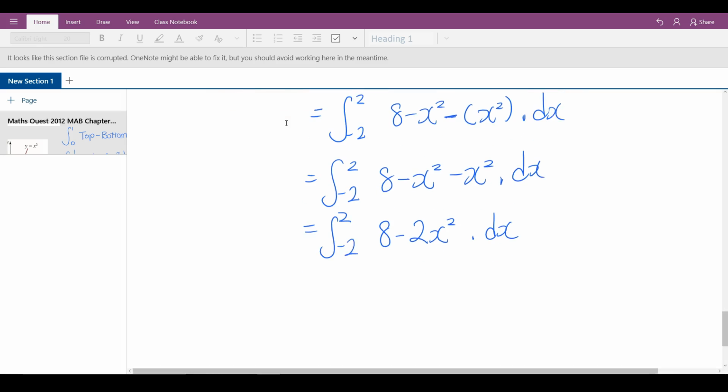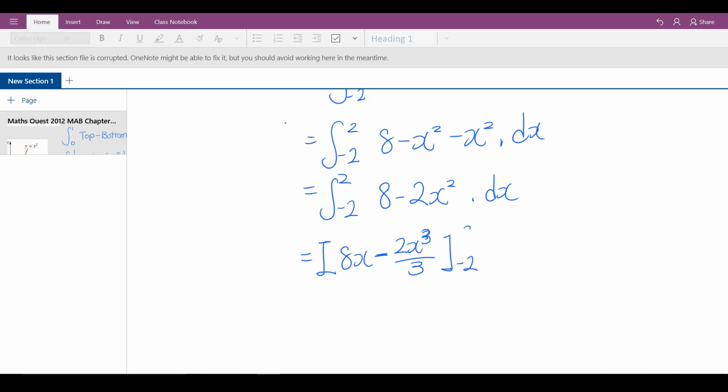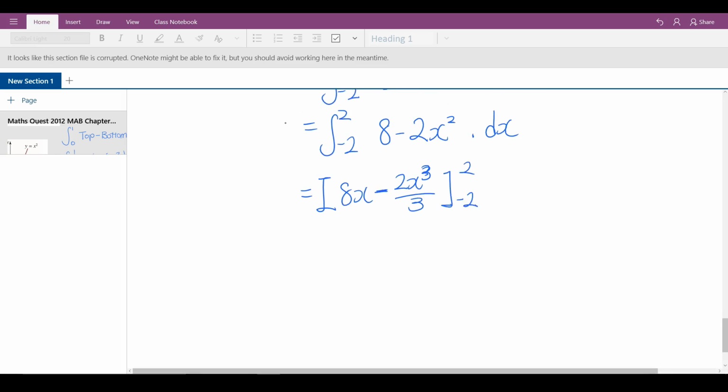Alright, and then integrate. So 8 integrated with respect to x becomes 8x minus 2x cubed over 3, from -2 to 2. Right?